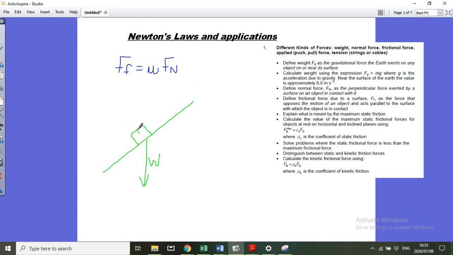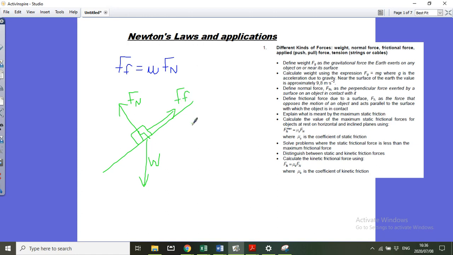Then we still have the normal force. Remember, the normal force needs to form a 90-degree angle with my surface. We call it F normal or normal force, but not just normal. Please remember that. And then we have a force that stops this object from sliding down the surface, which is the frictional force.